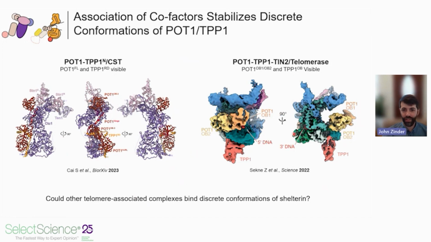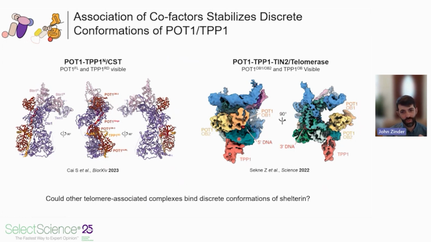And in Kelly's work, they were able to resolve the two OB folds bound to DNA. This is a cross-linked structure, I should add, but they were able to resolve these two OB folds binding to the telomeric DNA that was being fed into the active site of telomerase, as well as the OB fold of TPP1 that was directly binding to the complex.